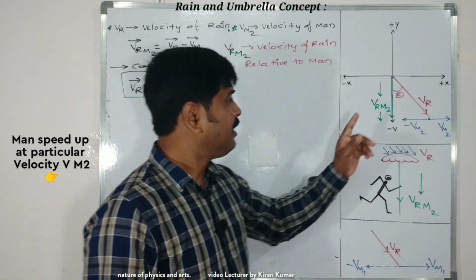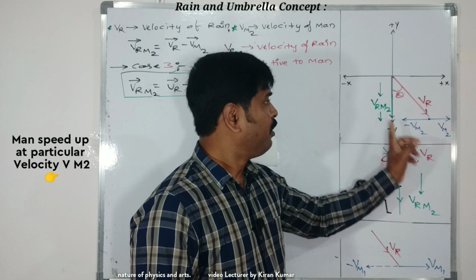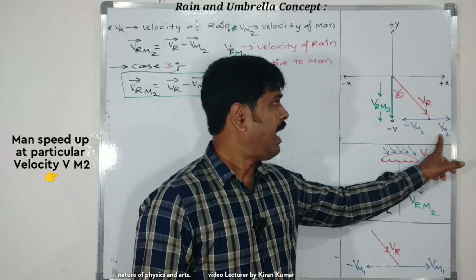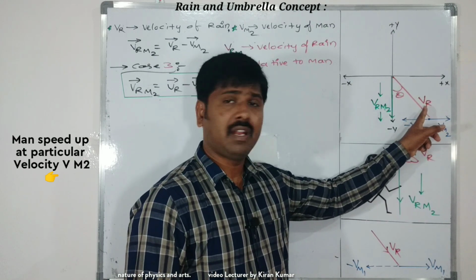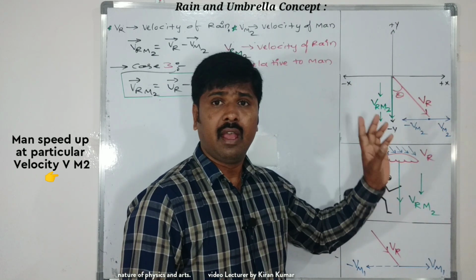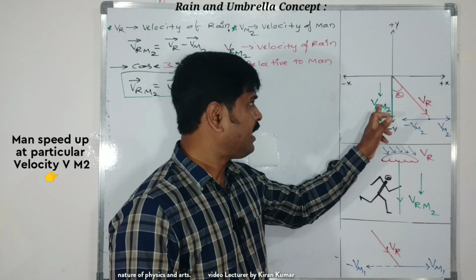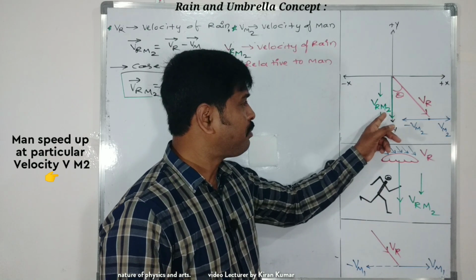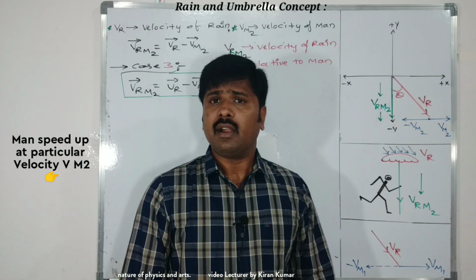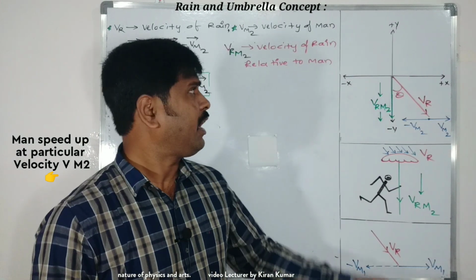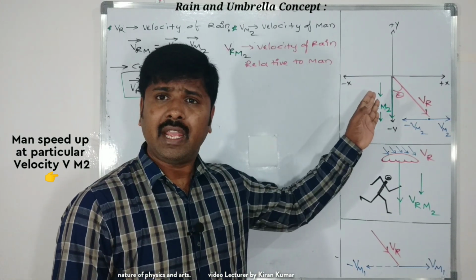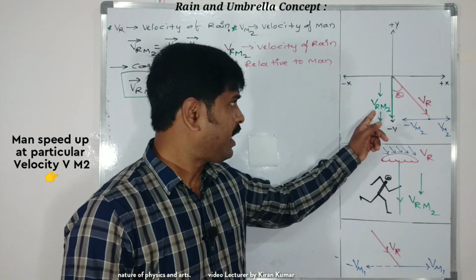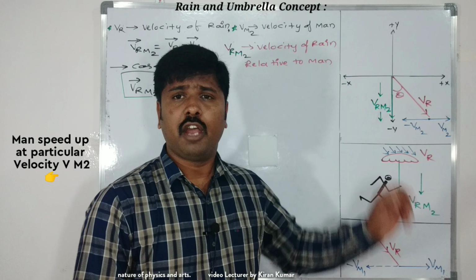Try to understand here: the man is moving from west to east direction with Vm2, and rain is falling with a velocity Vr making an angle theta, and the resultant direction, that represents Vrm2, is the vertical direction. That's why the rain will appear falling vertically along the negative y-axis, which is taken as Vrm2.